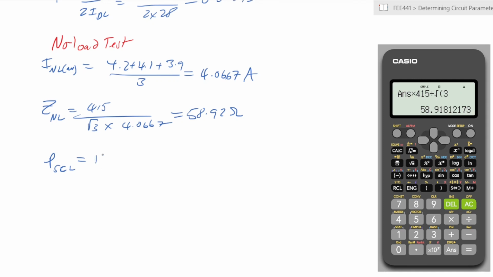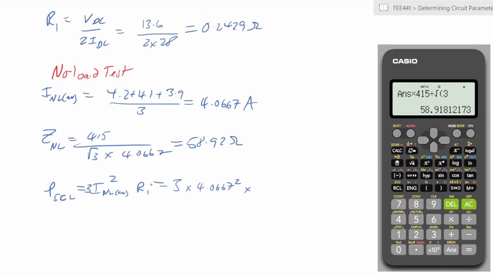So the stator copper losses in this case will be 3 times no load average current squared times R1, which will be 3 times 4.0667 squared times R1, which we got as 0.2429.